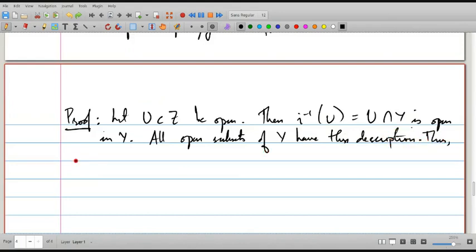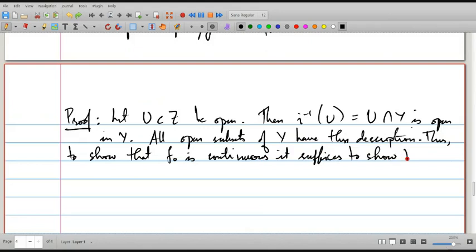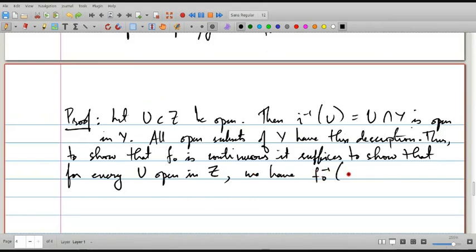Thus, to show that f naught is continuous, it suffices to show that for every U open in Z, we have f naught inverse of i inverse of U is open in X.